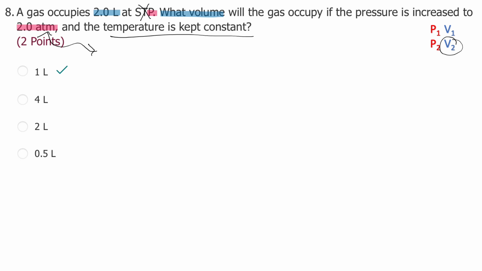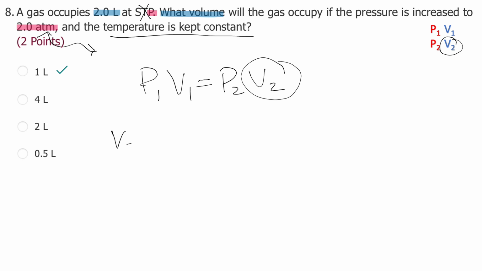So we have P and V, which would be Boyle's law. P1 V1 equals P2 V2. We are solving for V2. So if we divide by P2 on both sides, we'll get V2 by itself. So we'll get P1 V1 over P2. And now we plug in.